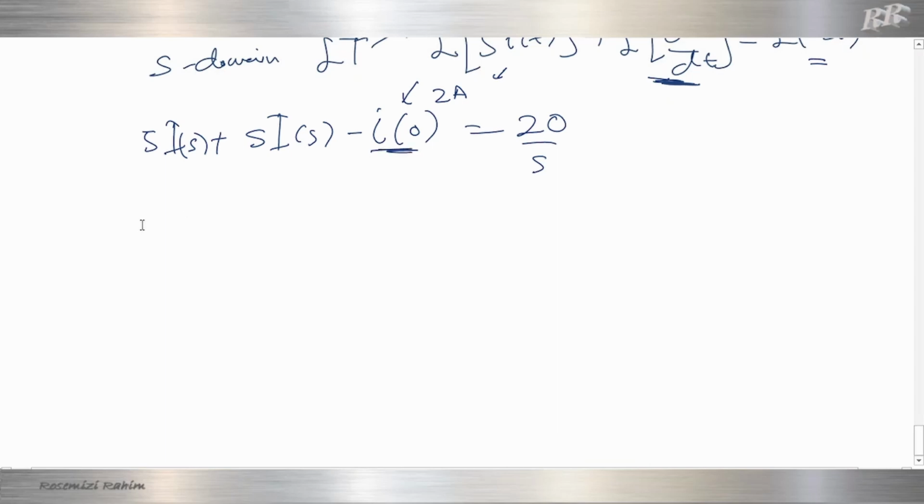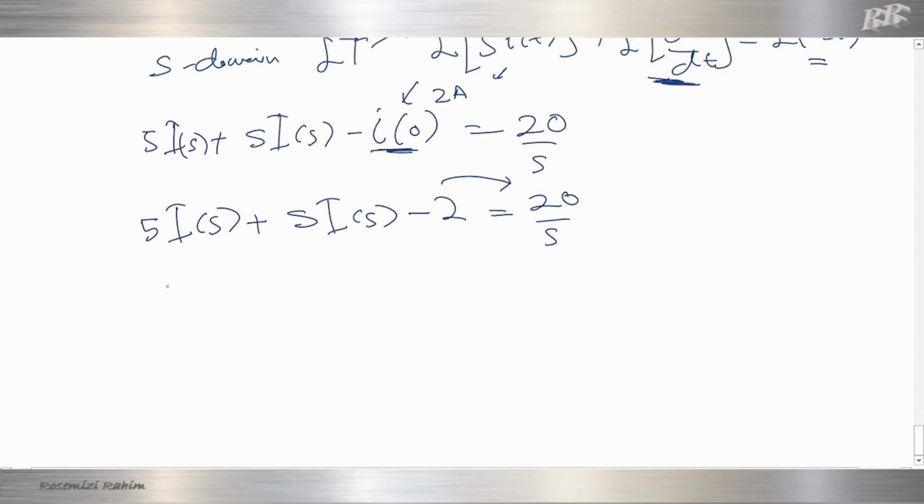Our equation becomes 5 I(s) plus s I(s) minus 2 equal to 20 over s. Now we can bring the 2 to the other side.